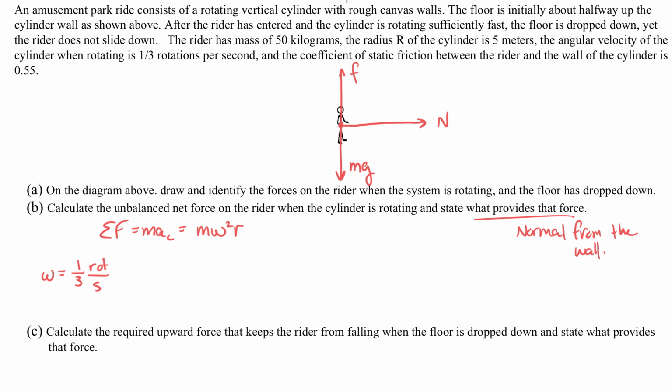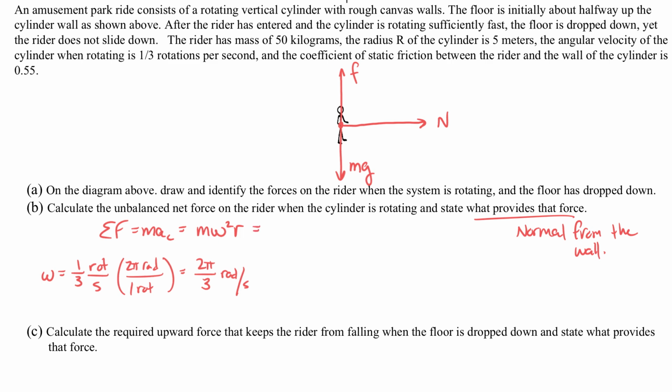I'm going to have to use radians per second, so I'll need to convert. And I know that one rotation is 2 pi radians. So cancel out the rotations, be left with radians, and I'll get 2 pi over 3 radians per second.